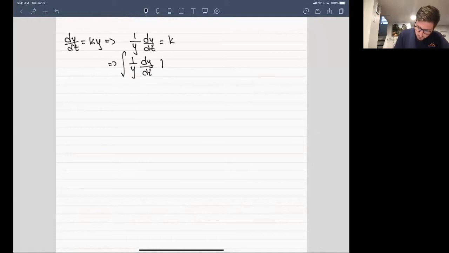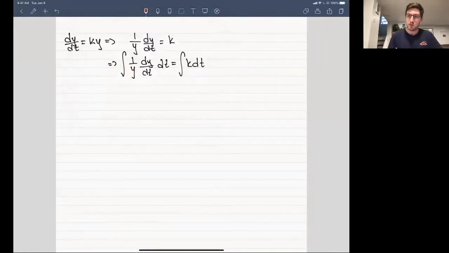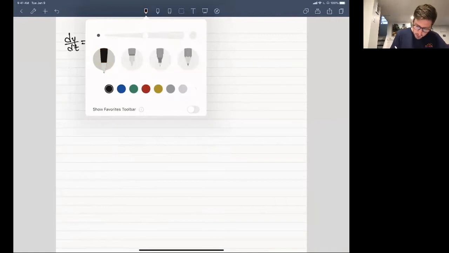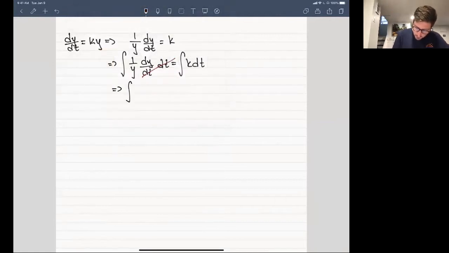And we got the following. Now, informally, if you treat these differentials, the dy dt's, as fractions, you can see here that you have dt on the top and the bottom, and you essentially just get an integral of 1 over y dy is equal to the integral of k dt.